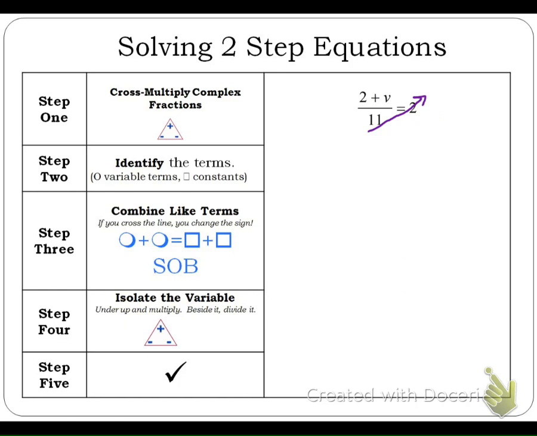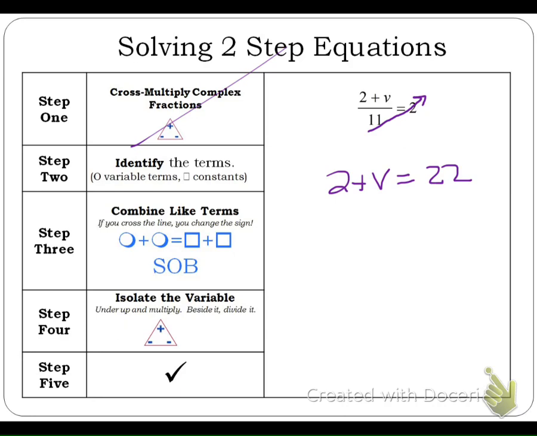So this problem we only need to do it one direction. We're going to multiply the 11 to the 2. And see how my arrow points up to it? It tells me what I need to multiply it by. So I have 2 plus v is equal to 22. 11 times 2 is 22. So that's what we mean by cross multiplying complex fractions.